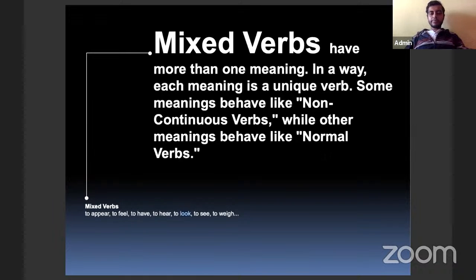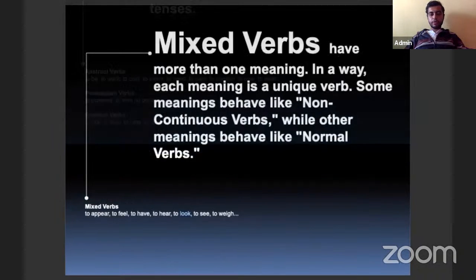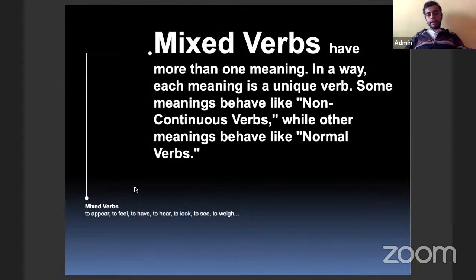And some meanings behave like non-continuous verbs, while others are normal verbs, where you can see somebody doing something. Like you cannot see somebody feeling sad, but you can see somebody feeling a thing or a surface or a person's hand or something.